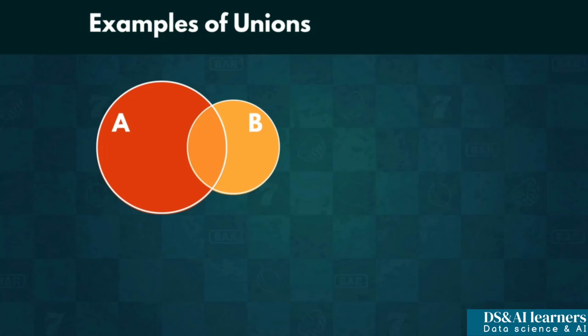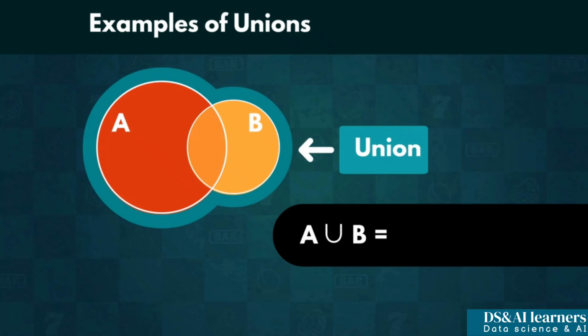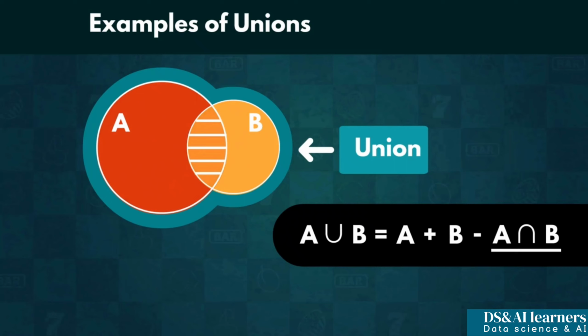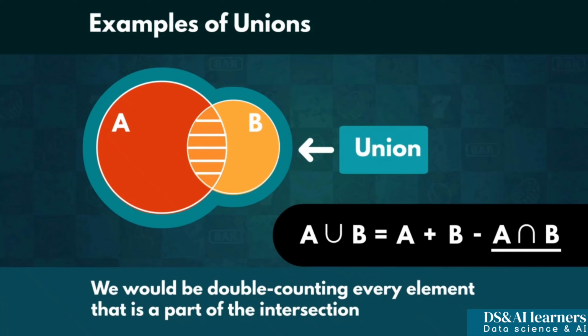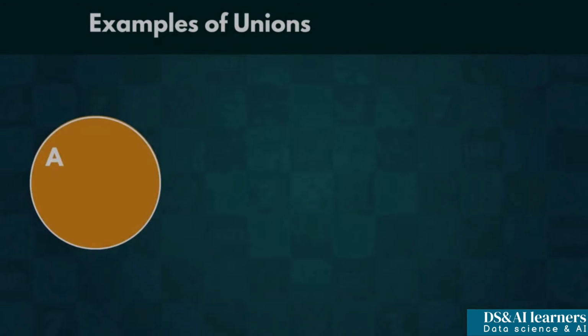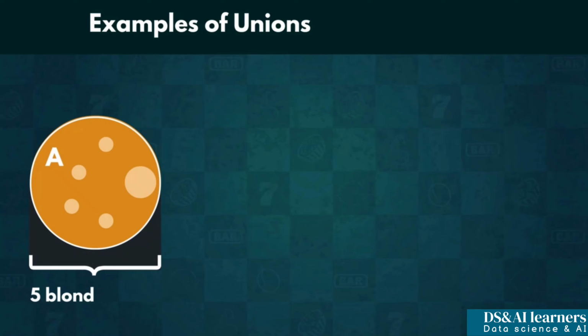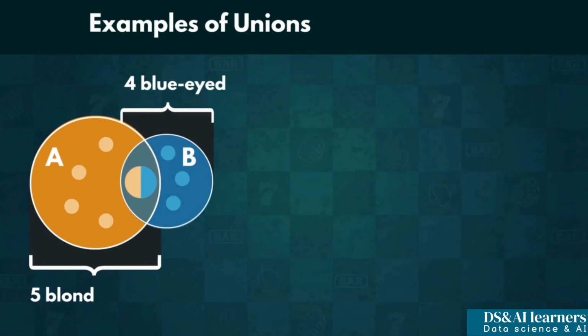If the events intersect, the area of the union is represented by the sum of the two sets minus their intersection. That is because if we simply add up the area of the two sets, we would be double counting every element that is part of the intersection. For instance, 5 people in the office have blonde hair, 4 people have blue eyes, and only Kate has both.